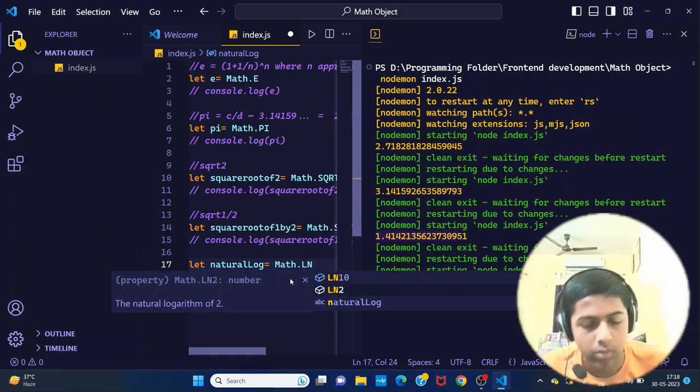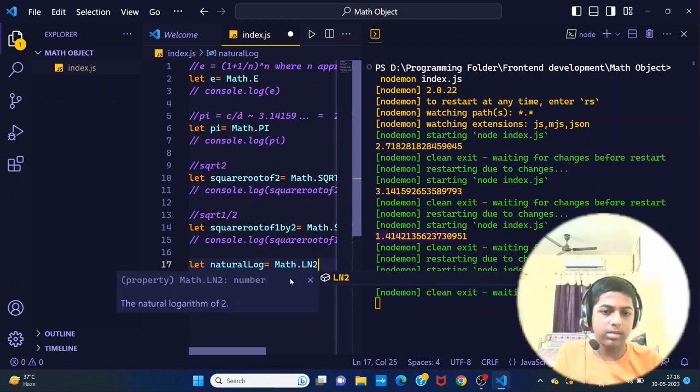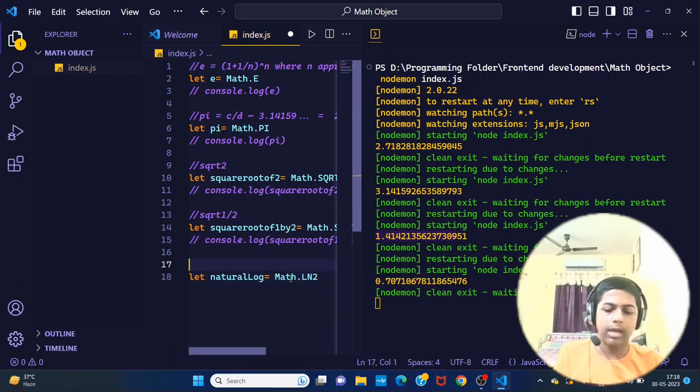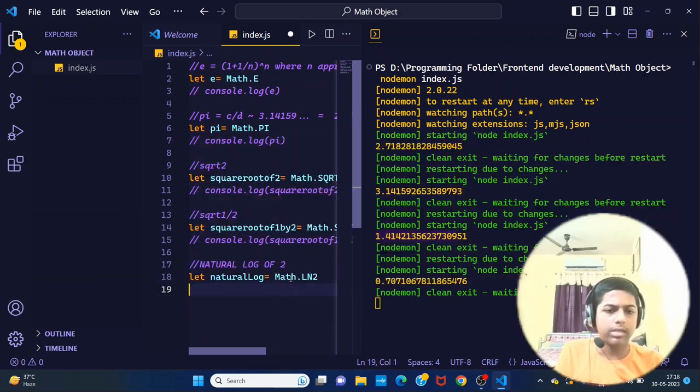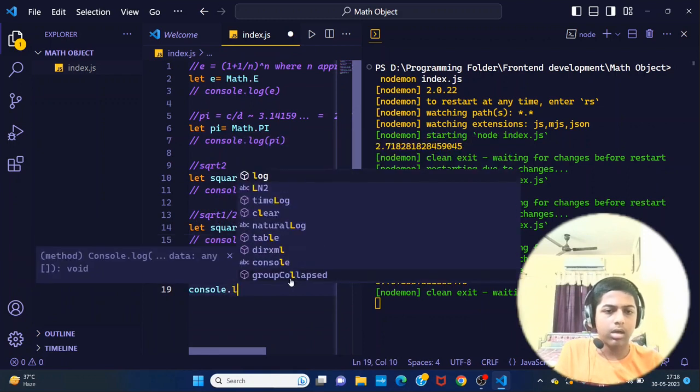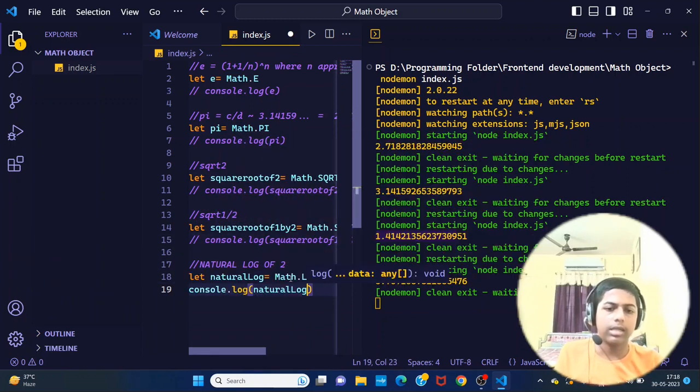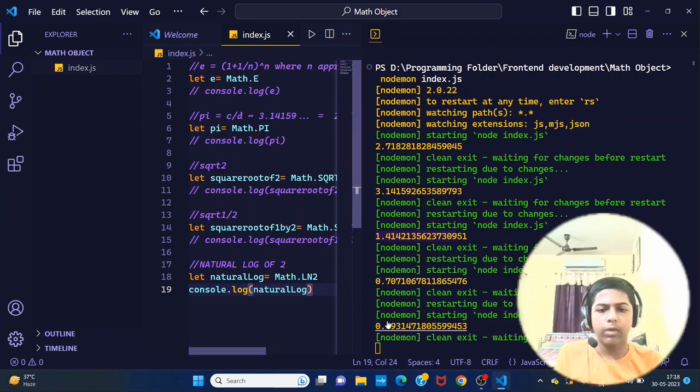Let's take the natural log of 2 first, and let's make a comment here: natural log of 2. Let's say console.log natural log. We are going to get something like 0.6931.